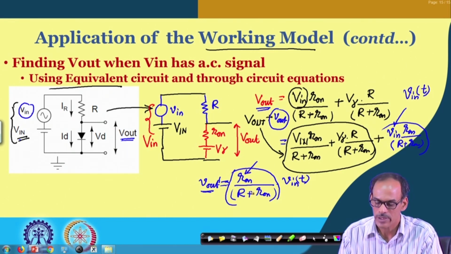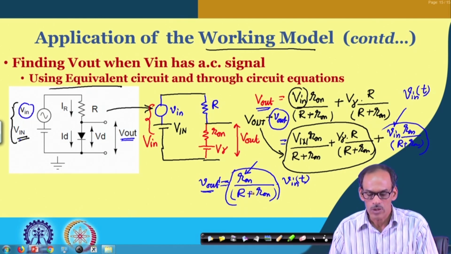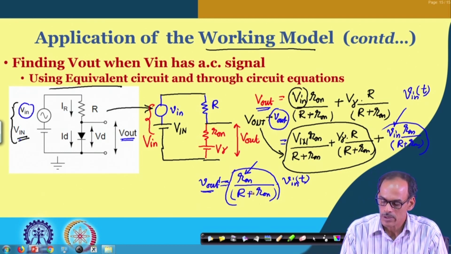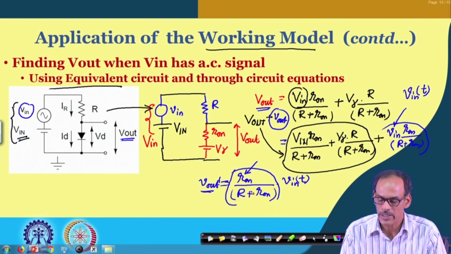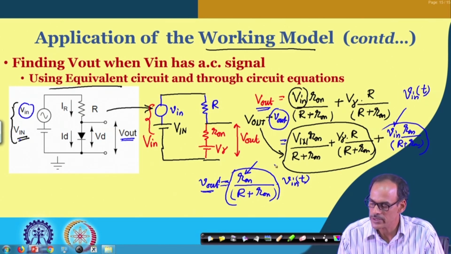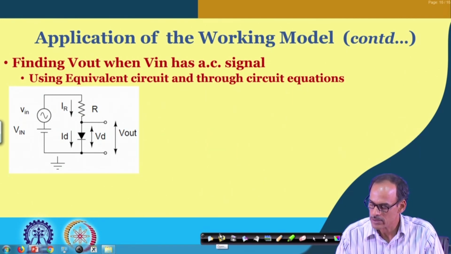So, we may say that the gain of this circuit remains constant. Let me see the corresponding input to output transfer characteristic curve and reinterpret what other things are there. Please remember this small signal part and the DC part for the next slide.